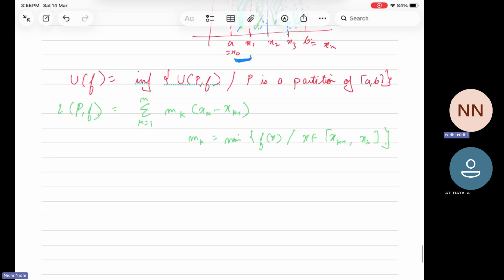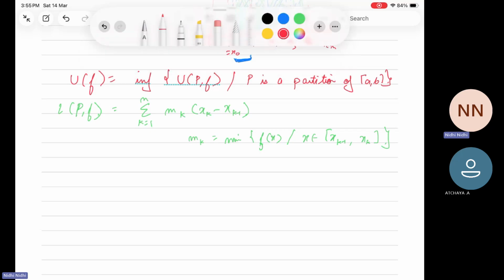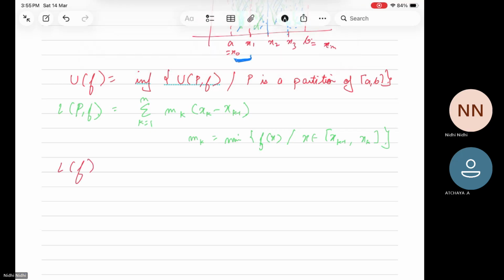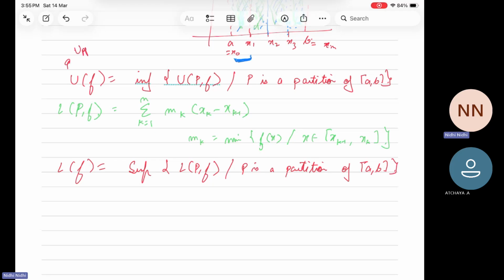In that case, we say this LF is equal to the supremum of LPF, where P is a partition of AB. This UF is called the upper sum or the upper integral, and this LF is called the lower sum or the lower integral.